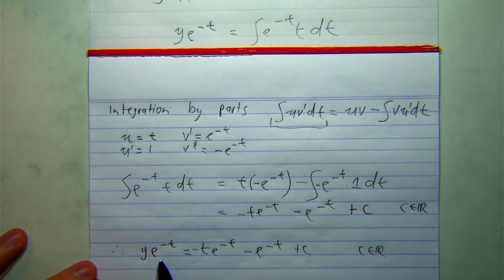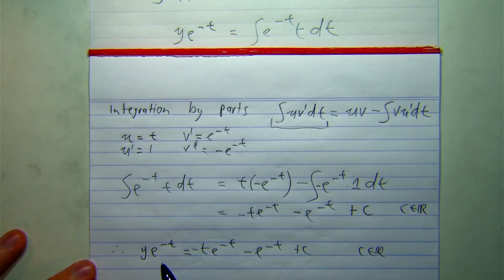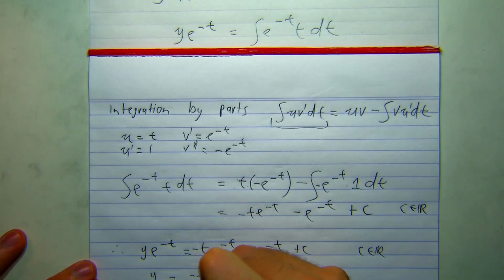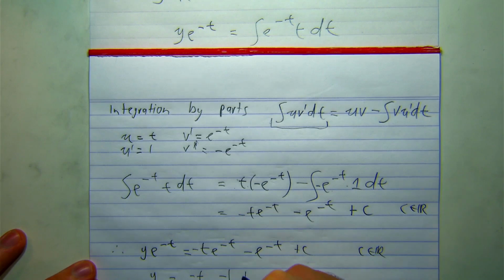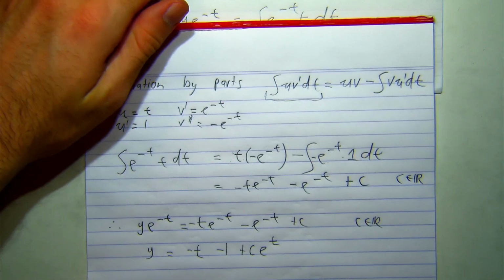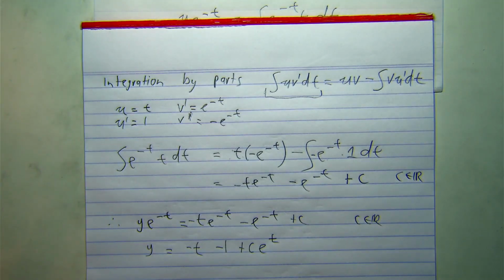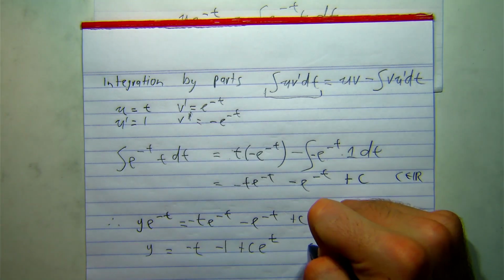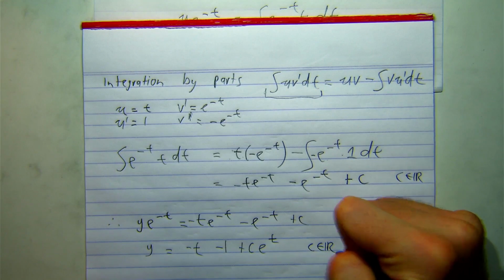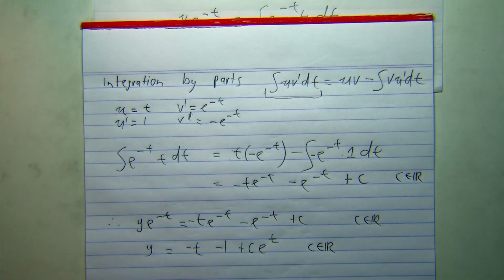And then multiplying the whole thing by e to the t will get this to give me y. And then the right hand side is minus t minus 1 plus c e to the t. And then c is some real number. Okay, and then that's our answer.